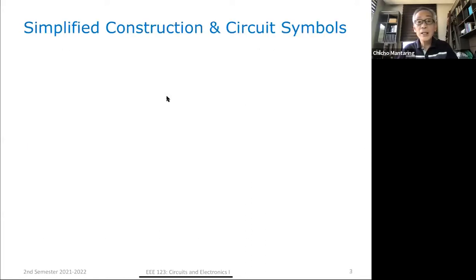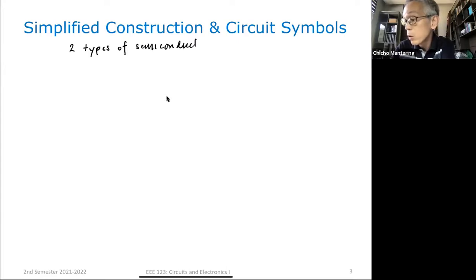Okay, first let's discuss simplified construction and circuit symbol. I mentioned to you last time that we weren't going to take up the physics behind semiconductor devices, but I think it's important for me to say a little bit about how both diodes and transistors are constructed. There are 2 types of semiconductors. You have what we call the N-type, and you have the P-type.